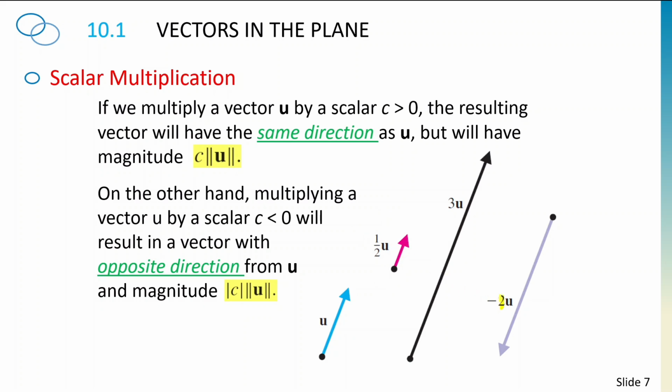Notice here, this scalar is what? -2. So I'm doubling the size and going in the opposite direction. So the function of the negative sign is opposite direction, okay? How do we control the direction? It's just by the sign. Positive, it's the same direction. Negative, I flip the vector. It's the opposite direction.